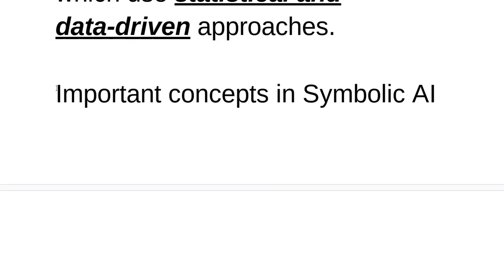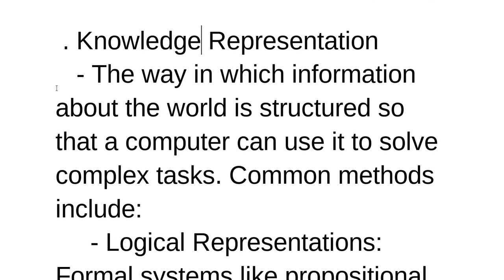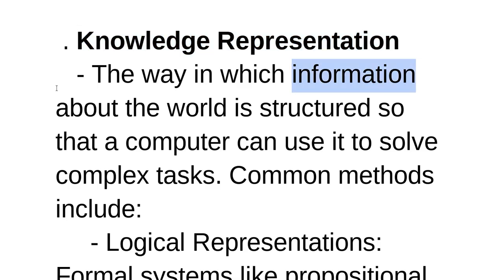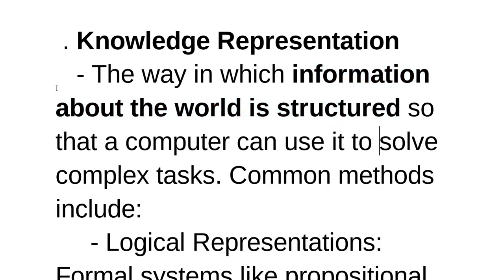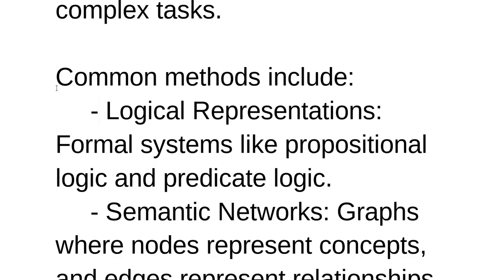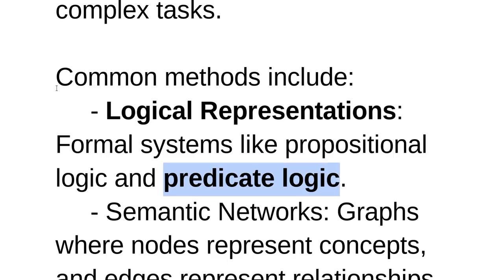Now, an important concept in symbolic AI is knowledge representation. This is the way in which information about the world is structured so that a computer can use it to solve complex tasks. Common methods include logical representations, formal systems like propositional logic and predicate logic.